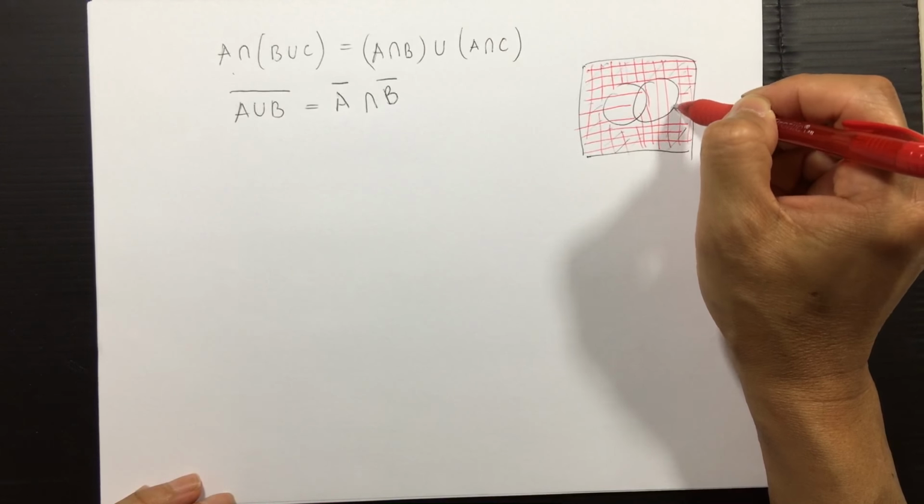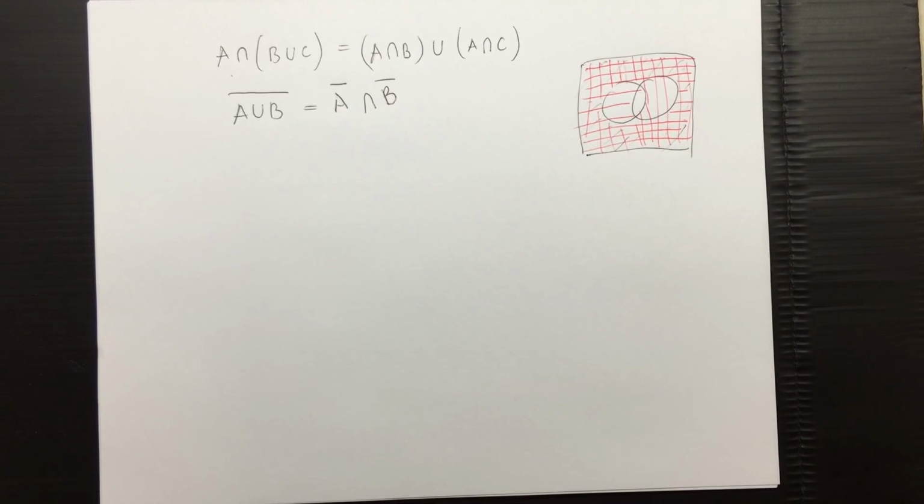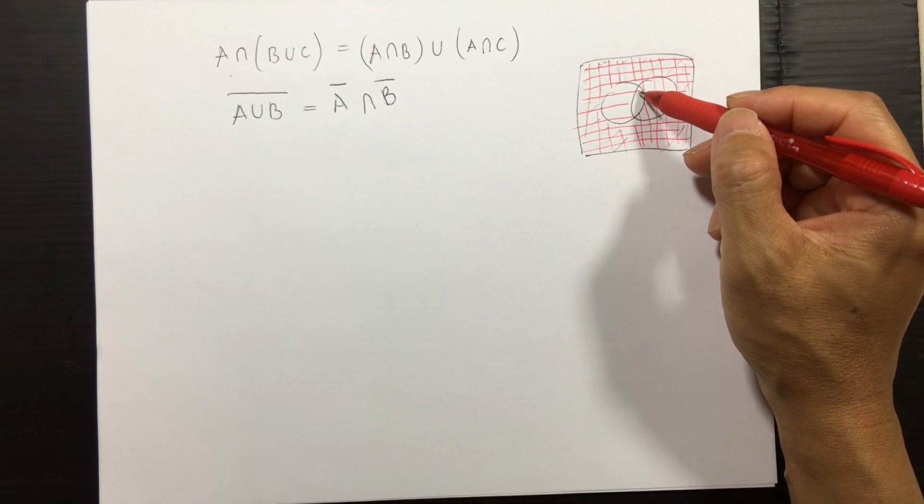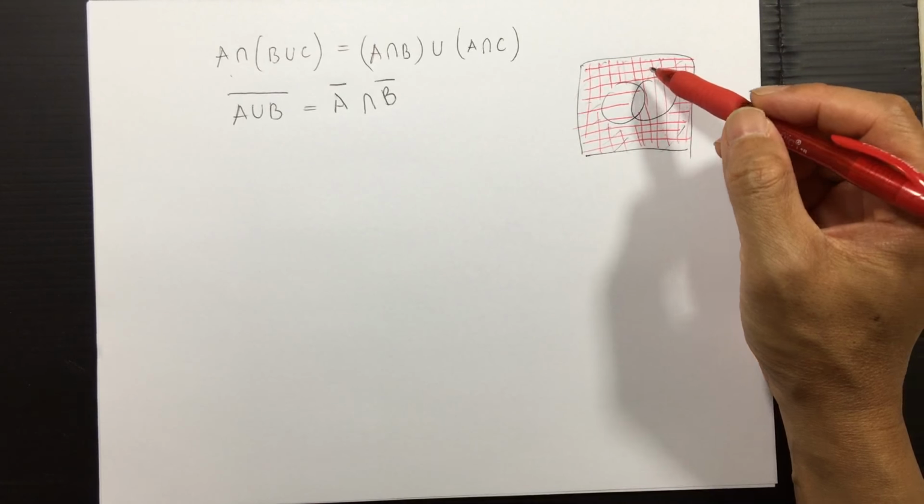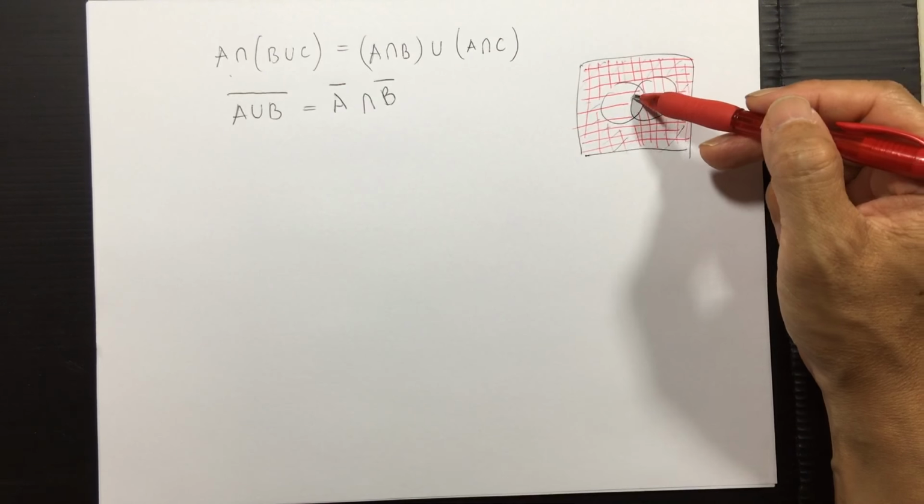Not B, right? See that? Yep, I see. So not A, oh, ignore this part that protruded. Not A join not B becomes only this part.